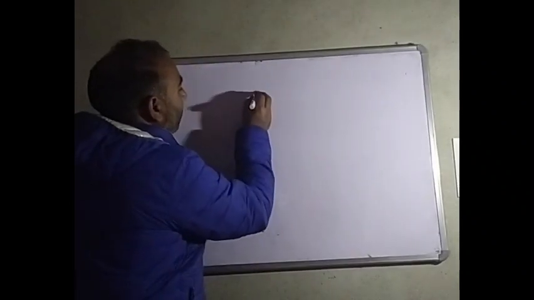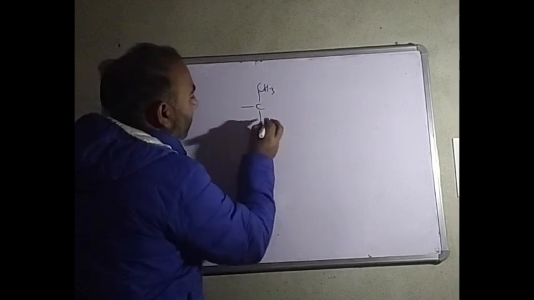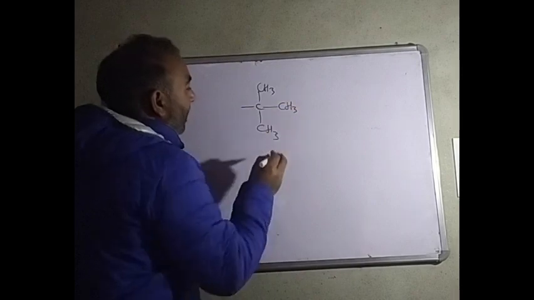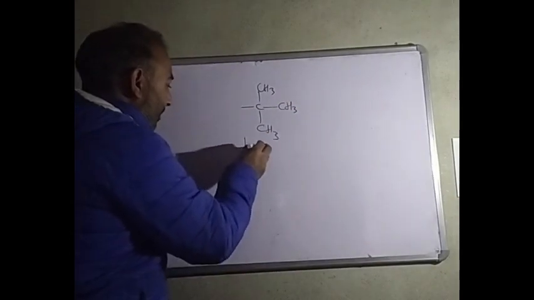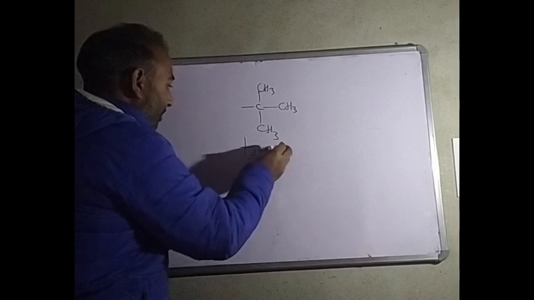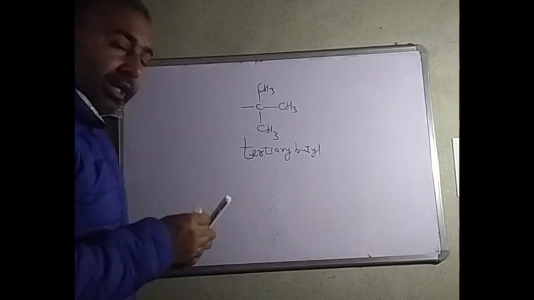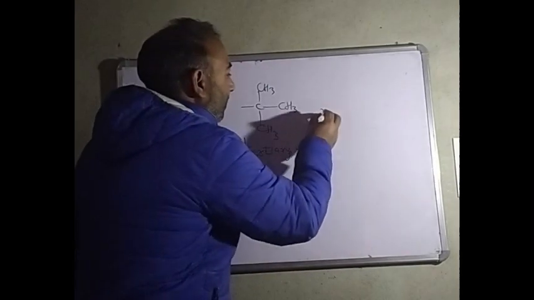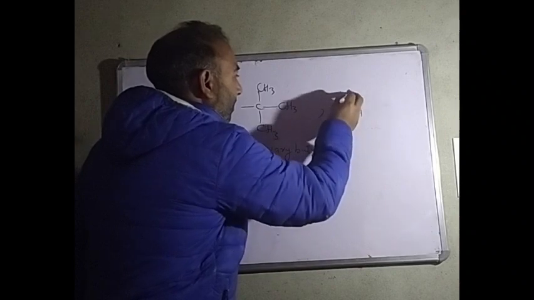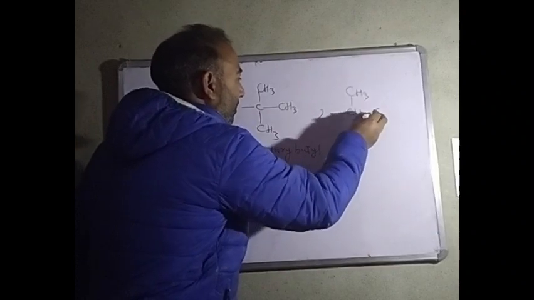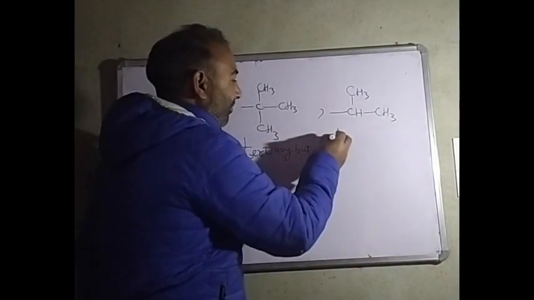Number 1, this one, it is called tertiary butyl. Then number 2, it is called isopropyl.